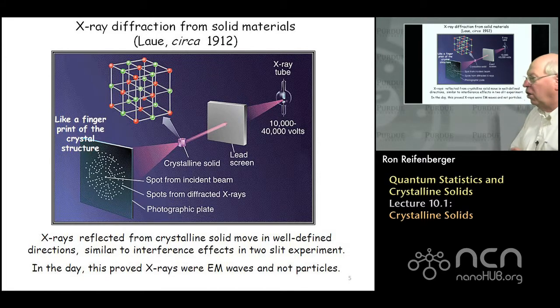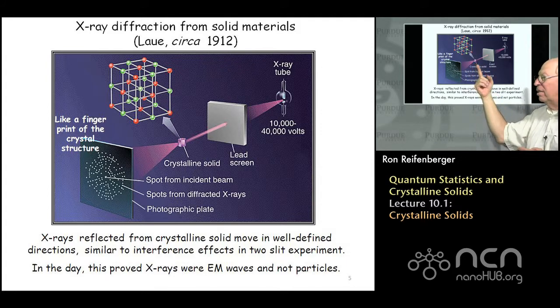And what they showed was that if you took a beam of X-rays and collimated that beam so that you basically defined a very narrow stream of X-rays, and allowed those X-rays to fall onto a crystalline solid, it's understood that the crystalline solid is made up of ordered arrays of atoms.